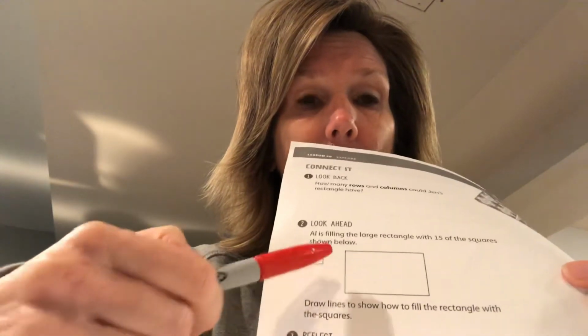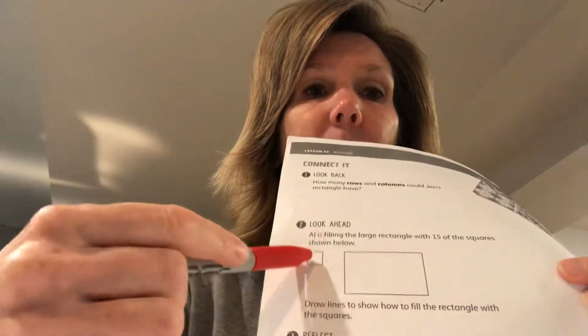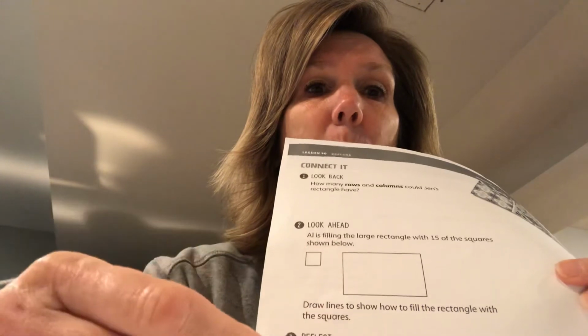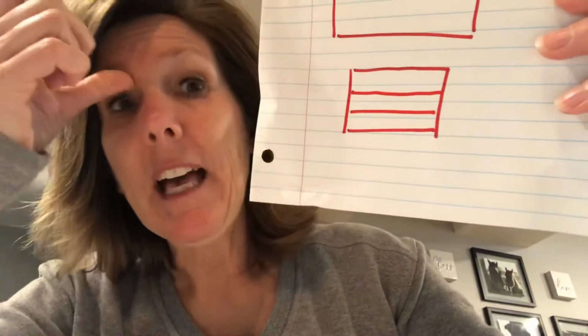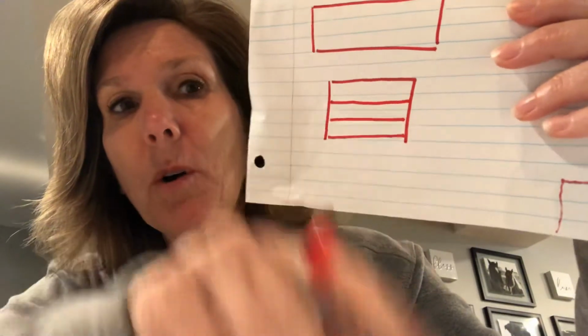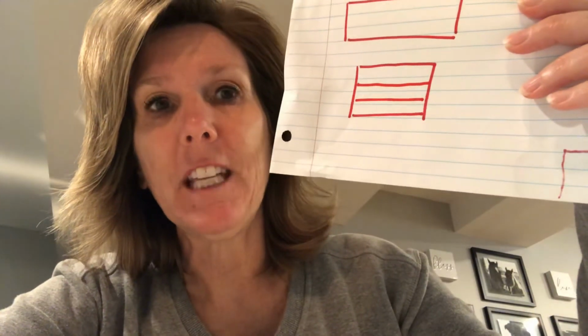It's an odd number. So I want to see if you can come up with how many you would put in 3 rows. Here's my rectangle. I'm going to try to evenly divide it. Here's my 3 rows, 1, 2, 3. How many in each row would you need to make 15 total?